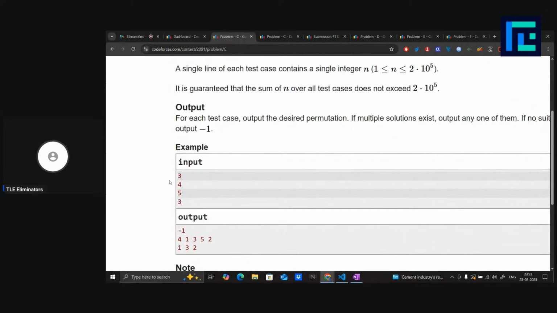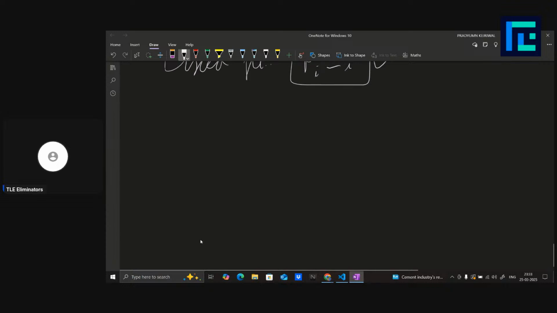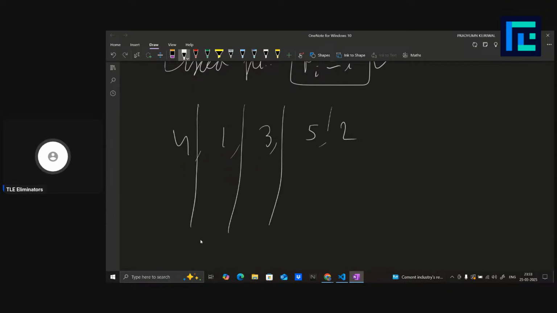So for n equals 4, there is no permutation, so they print -1. Then let's say you have n equals 5. They have printed 41352. Let's make a table of cyclic shifts.